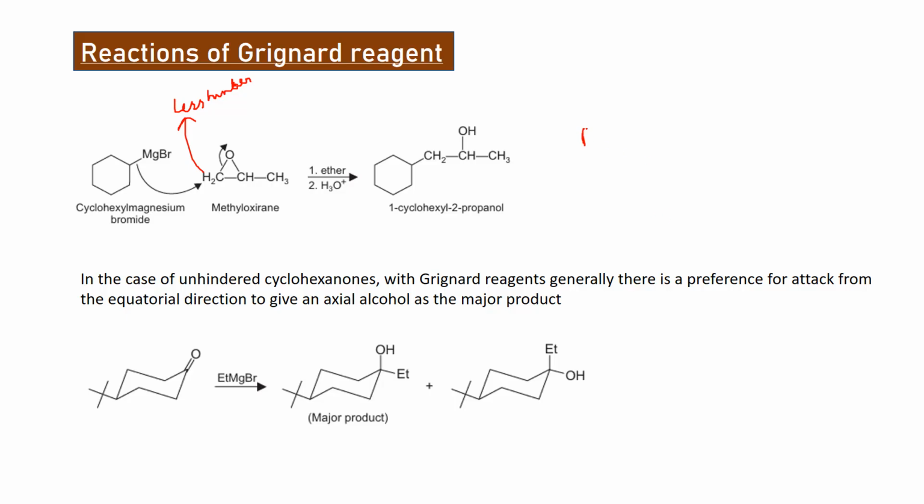If you add RMgX to carbon dioxide, this carbon is electrophilic because of 2 oxygen atoms.